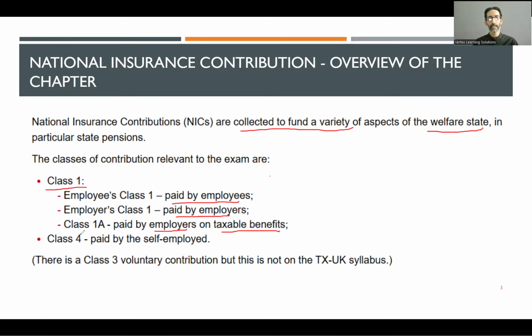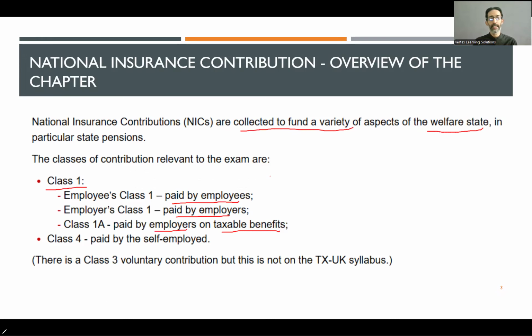So it means that the employer has a lot of cost. The employer has to give earnings like the salary and other things, and the employer pays NIC on that, and then the employer gives benefits which are not in the form of cash, like a car or a house or things like that. And on those values, whatever their taxable value is, they pay the NIC as well. Okay, so this is sort of double trouble for the employers.